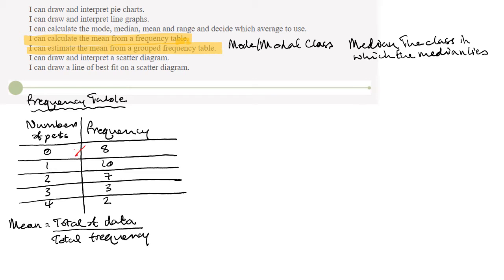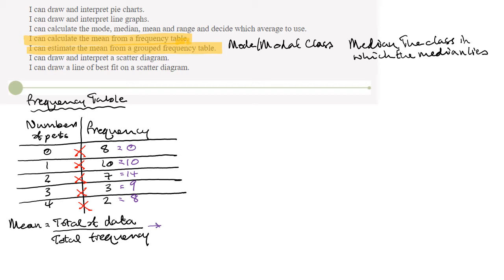Well, we multiply these pairs of numbers together and find the total of those numbers. So if I multiply them together, I get 0, 10, 14, 9, and 8.